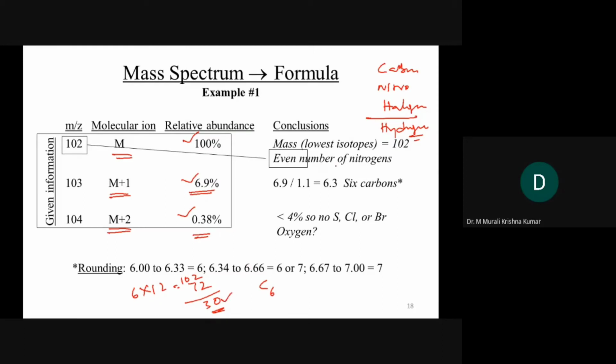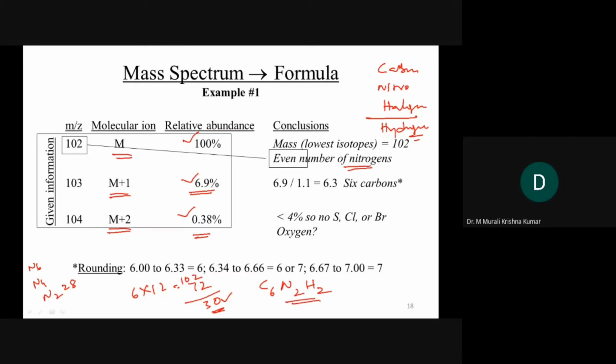Let's say we keep an even number of nitrogens: N2, N4, N6, which is possible. N2 means 2 times 14 is 28. So if you keep N2, how many hydrogens are remaining? Only 2 hydrogens are remaining.